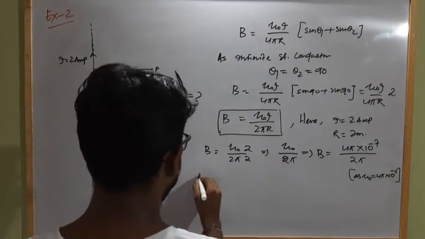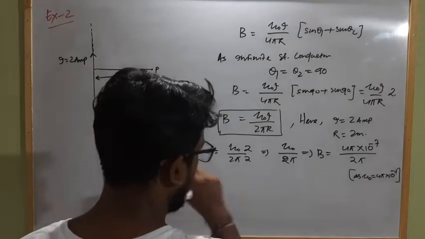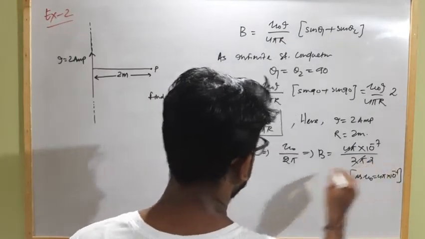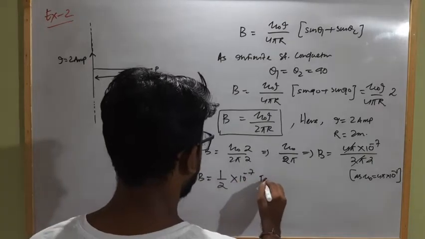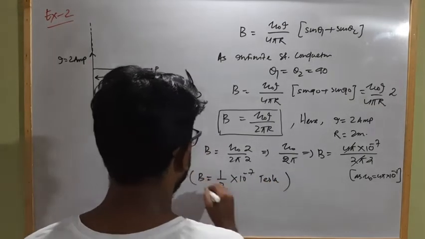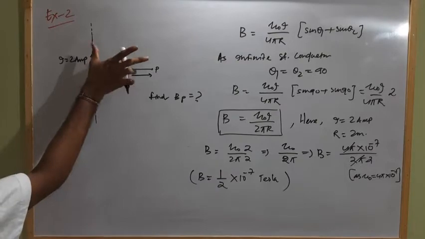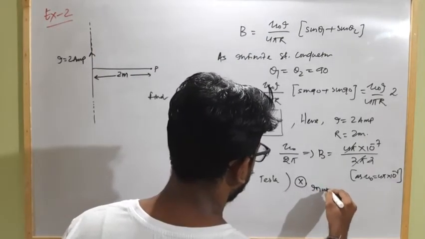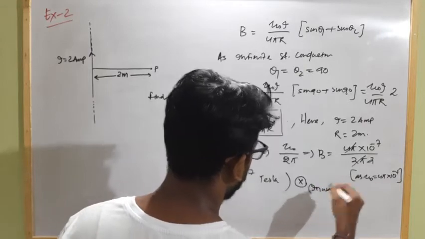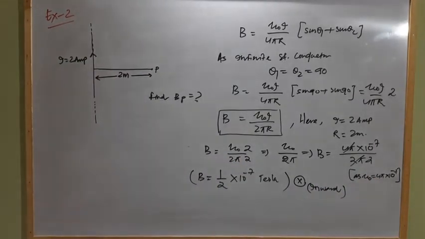So here B will become, this will cancel, 2, same, 1 by 2 into 10 to the minus 7 Tesla. And the direction, again by the right hand palm rule, is inward. Clear? Next, take another example.